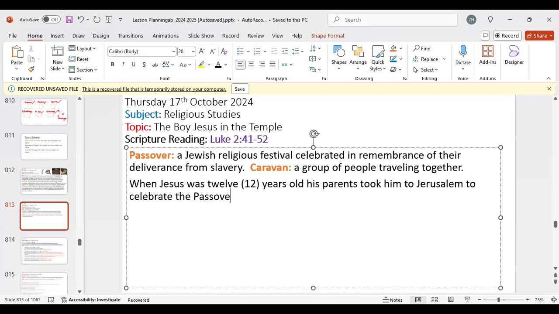And it was there, as he looked at the lamb that was slaughtered, that he realized, this is going to be me soon. I'm the one that represents that lamb. When Jesus was 12 years old, his parents took him to Jerusalem to celebrate the Passover festival.